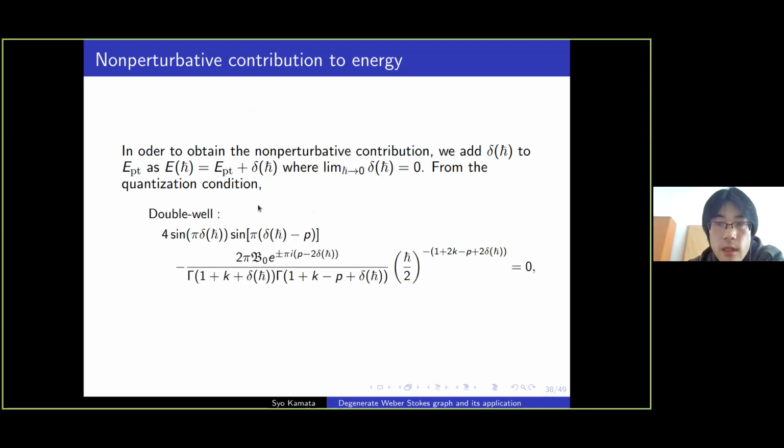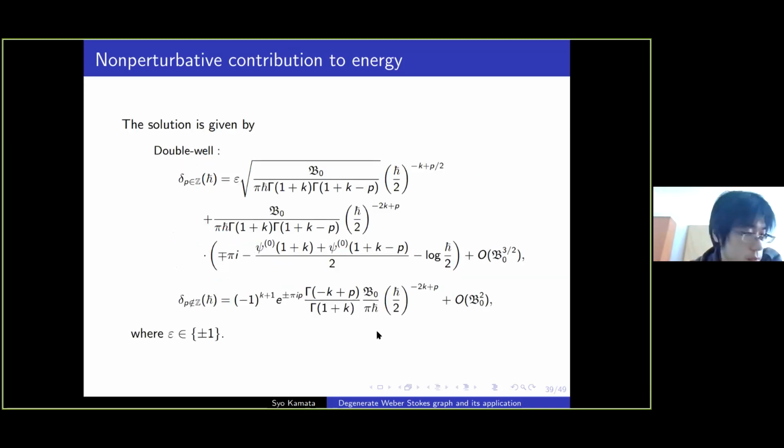Okay, so if we look at the double well potential, in that case this delta is obtained by this equation. So finally, by solving this equation, you can get this solution.